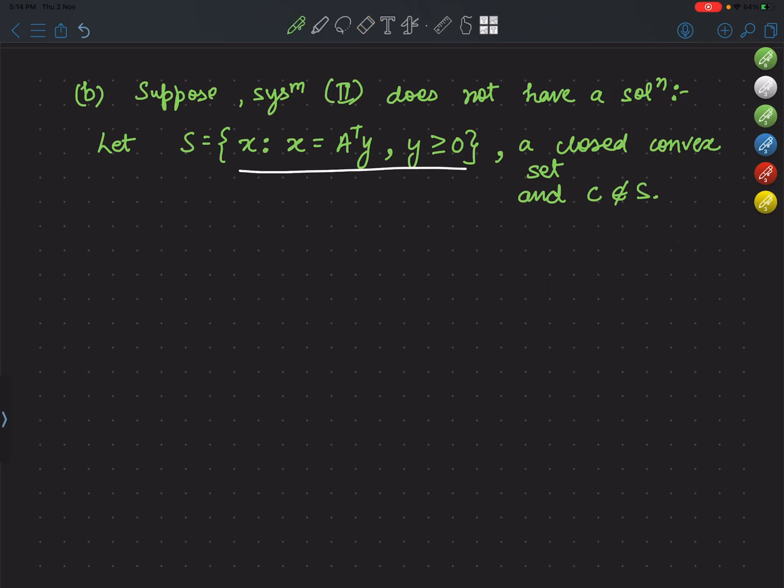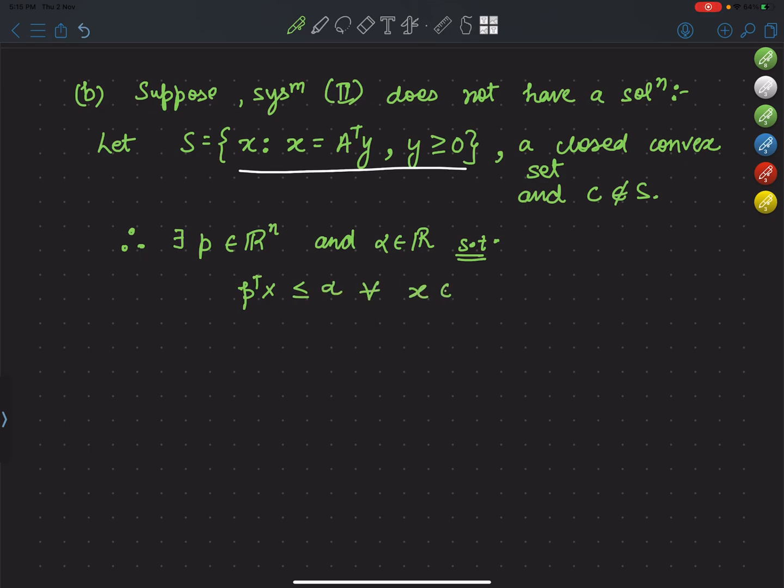Now we can say by this that there exists a P in Rn and alpha in R such that P transpose x is less than or equal to alpha for all x belonging to S, and C transpose P is greater than alpha. So how did we write this?